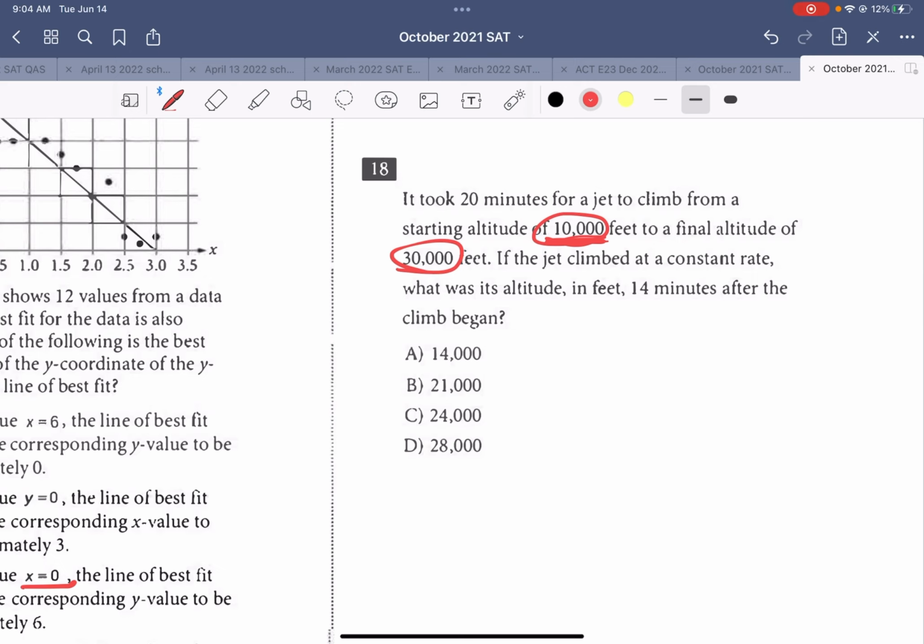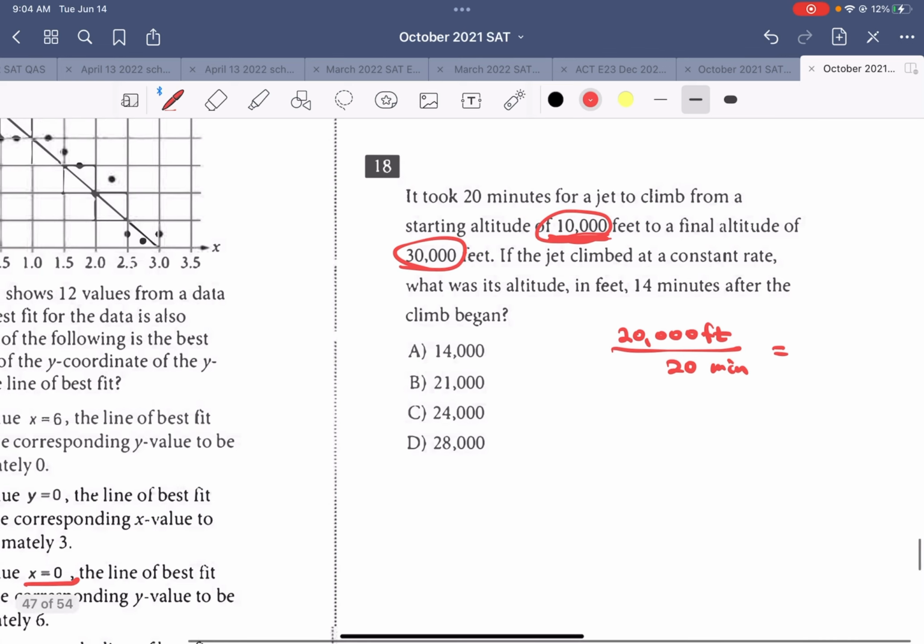So 10,000 to 30,000, so 20,000 feet it went up during the 20 minutes, right? So when you reduce this, it's 1,000 feet per minute. That's the rate of the jet. Now, 14 minutes after the climb begins, what is the altitude?